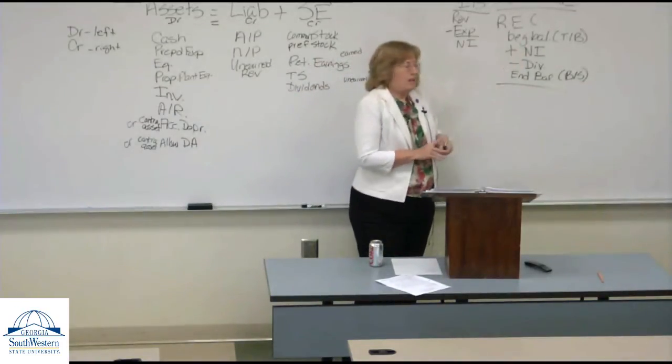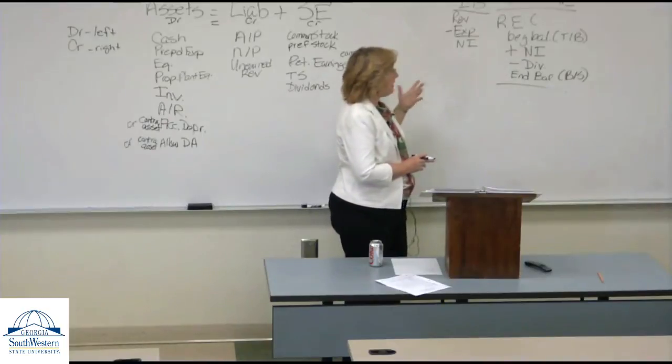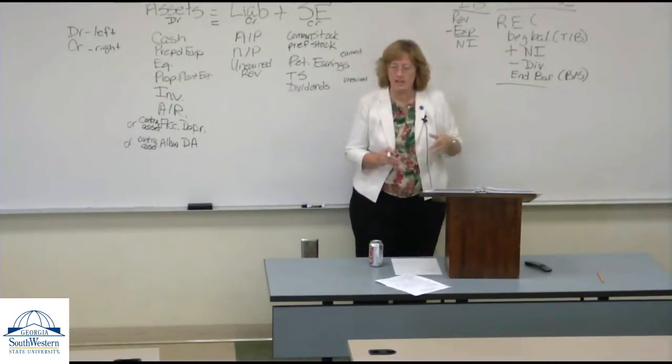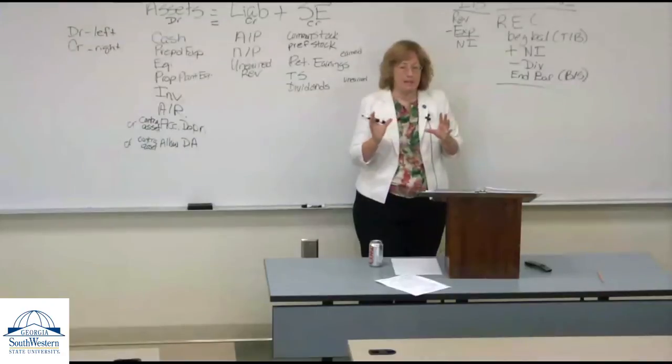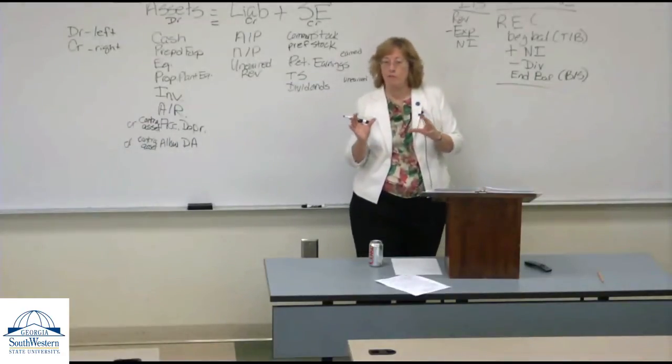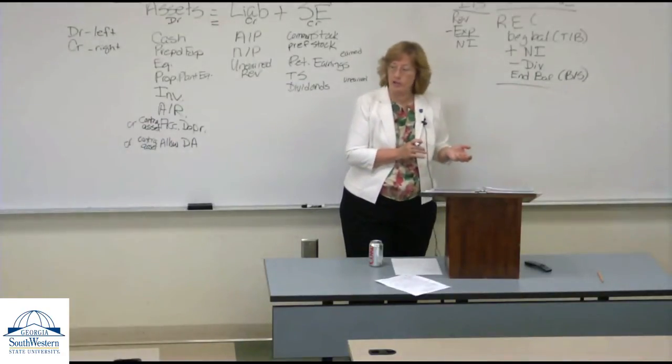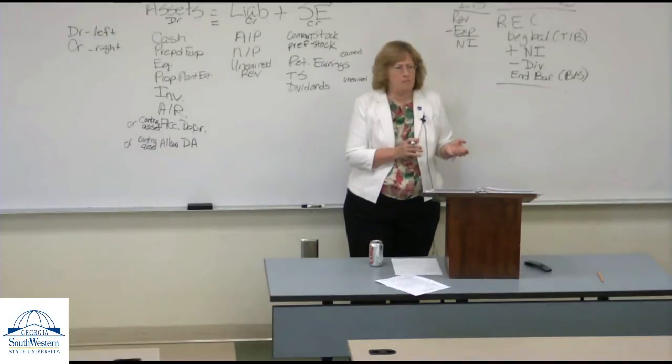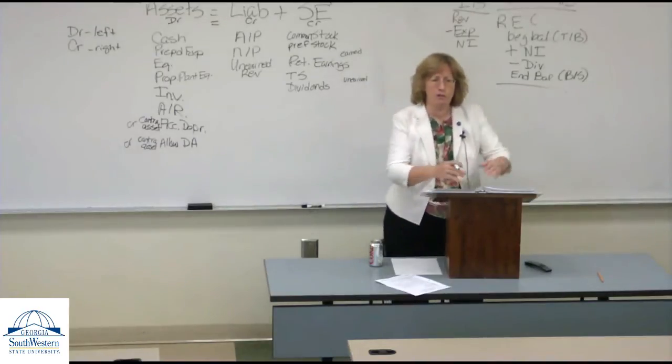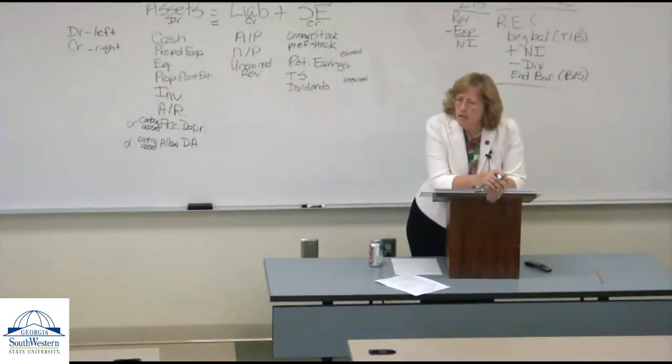Okay. So the idea that I'm trying to get across here is that revenues and expenses at the end of the year are folded back into retained earnings, right? Do you know what I mean? Like at the end of the year, you're going to close your books. Are y'all recalling this?